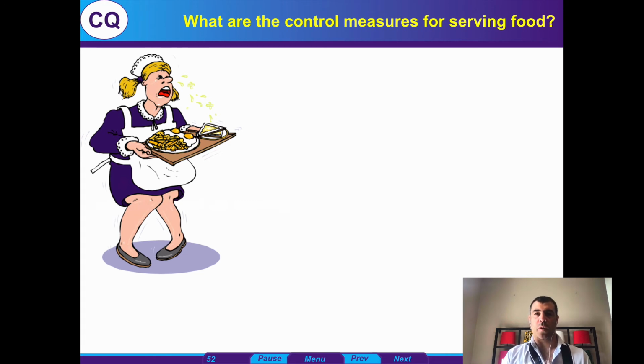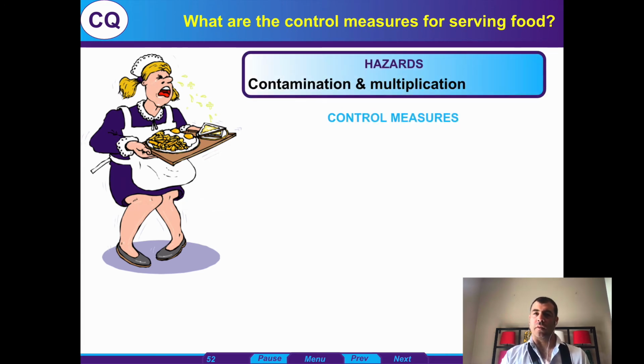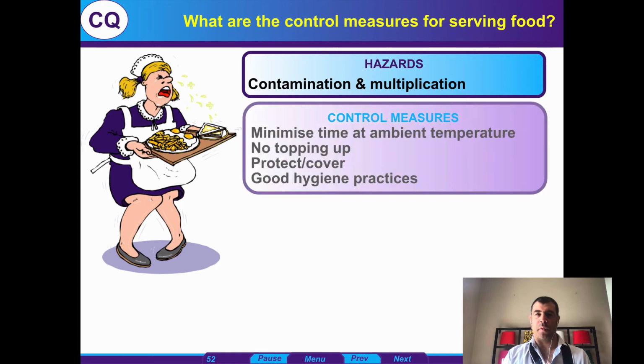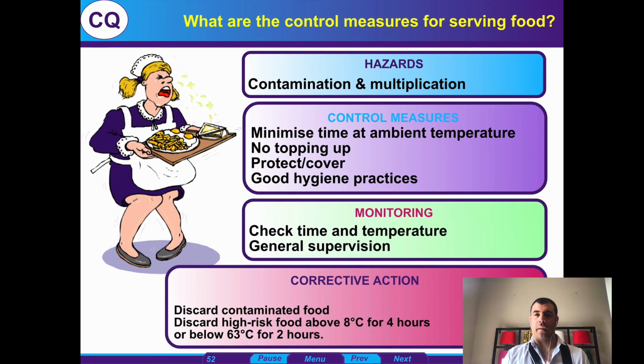What are the control measures for serving food? The hazards are contamination and multiplication. The control measure is that you need to minimize the time at ambient temperature, and I will show you in the next couple of slides that there is a limit. No topping up, protect and cover, and provide good hygiene practices.